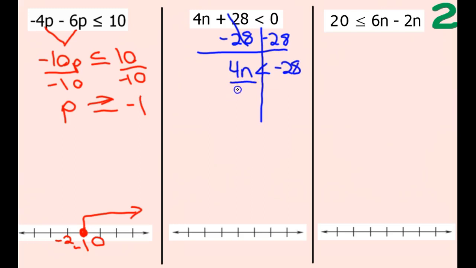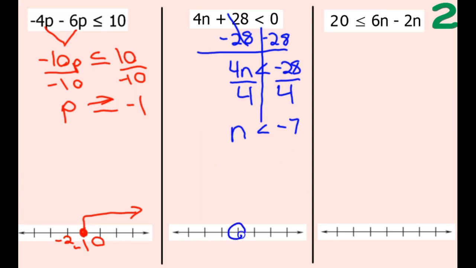So to get n by itself, we divide by 4 and divide by 4. N is now less than negative 7. We don't flip the sign because we didn't divide by a negative number. We divided by a positive number, so we leave the sign the same.